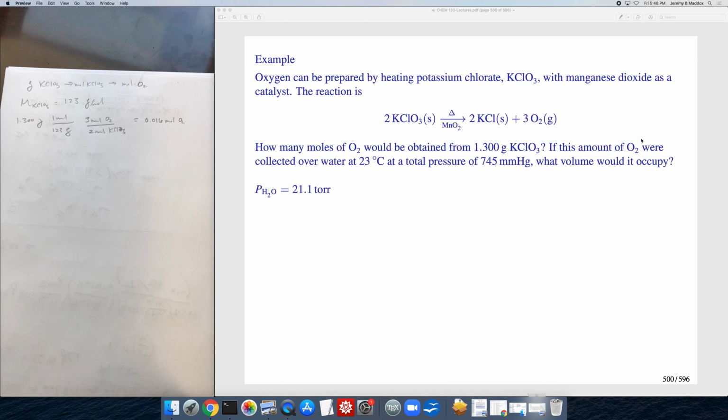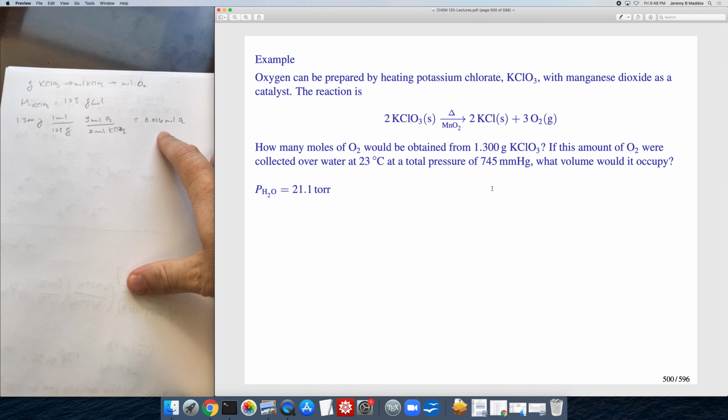Now they want to know, if this amount of O2 were collected at 23 degrees Celsius and a total pressure of 745 millimeters of mercury, what volume would it occupy? Now that we know the number of moles of O2, let's calculate the pressure of the O2 that we would expect.